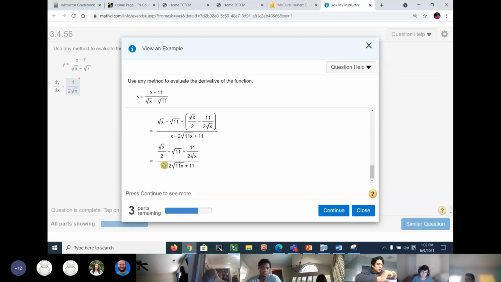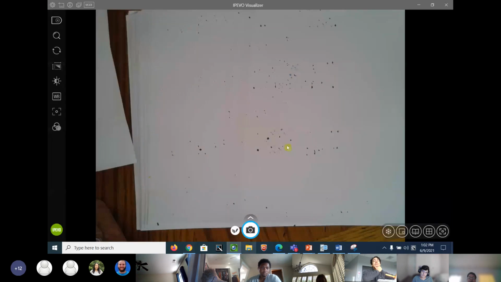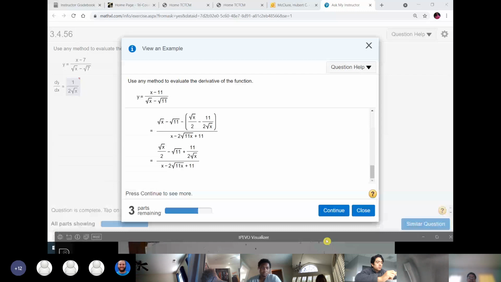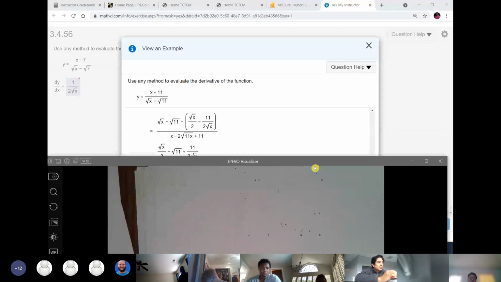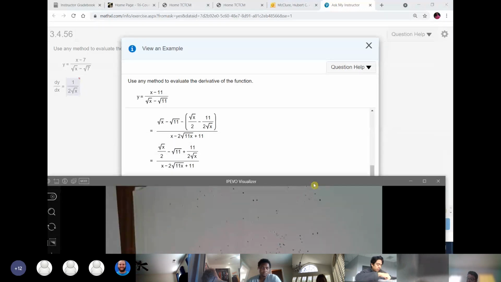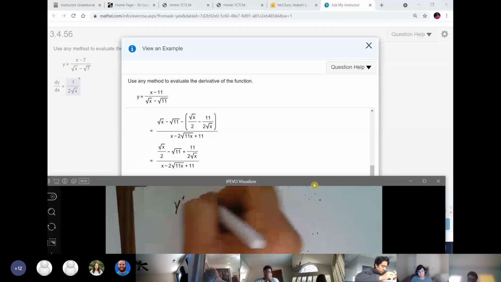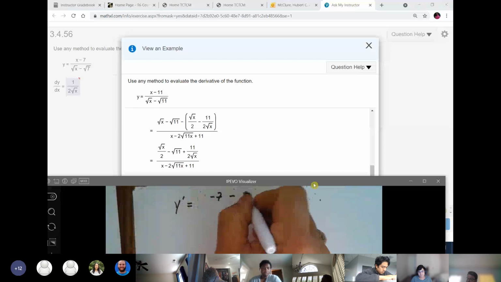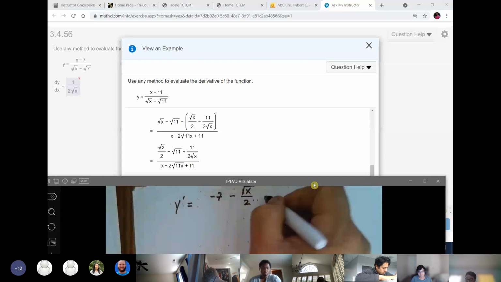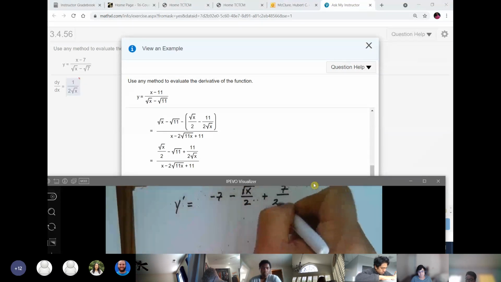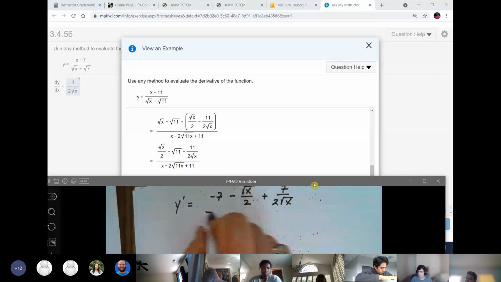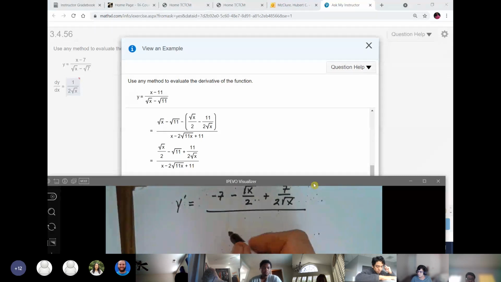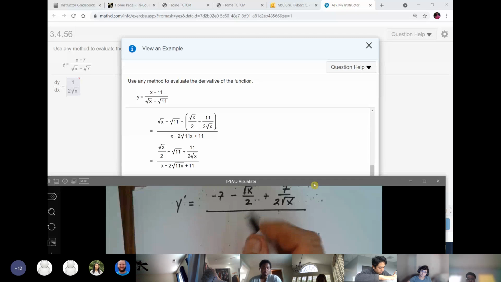And then we've got the same thing they've got. I'm going to write it down so you can see that we've got just about the same thing they've got. We've got y prime is equal to -7 minus the square root of x over 2 plus 7 over 2 square root of x, and we went ahead and did the FOIL method, or the shortcut.